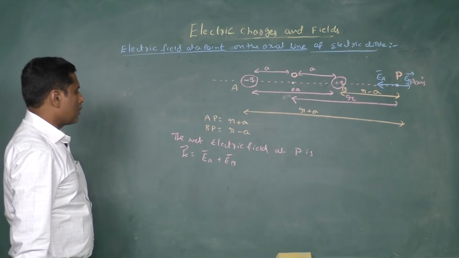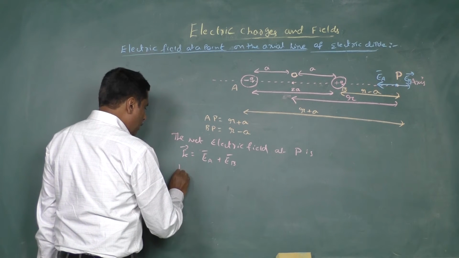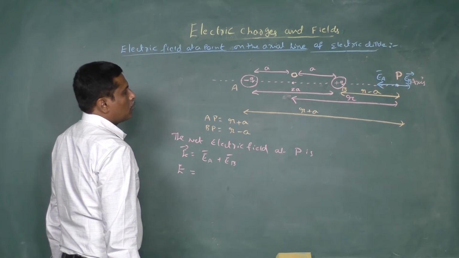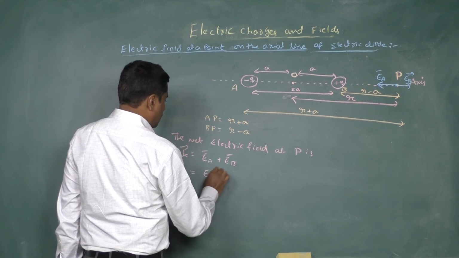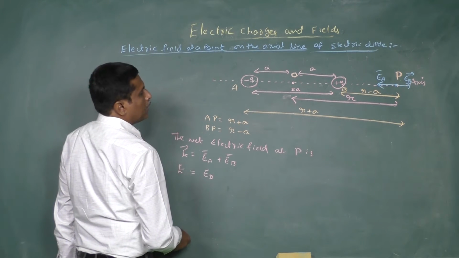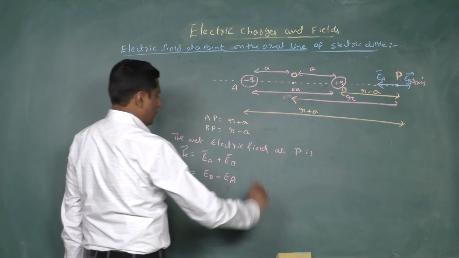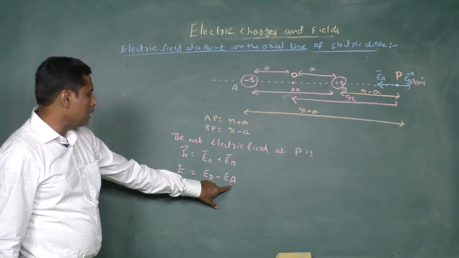Here you can take the magnitude only. Now you can write E is equal to EB minus EA.